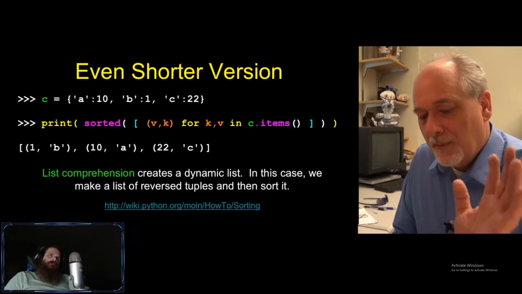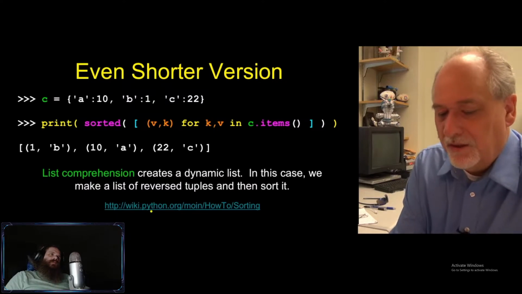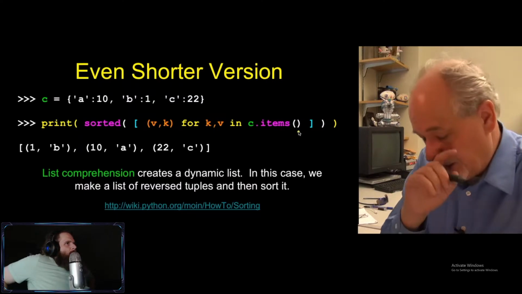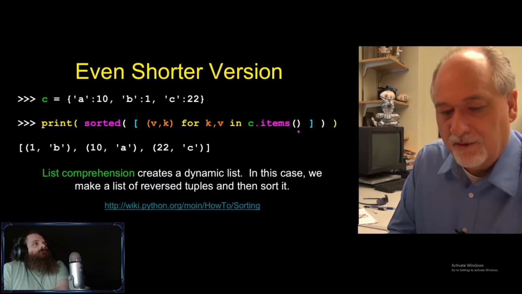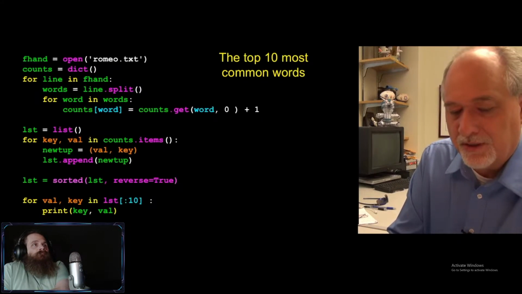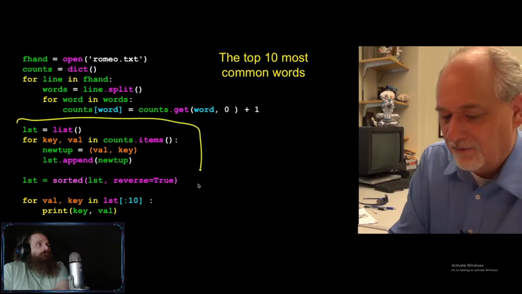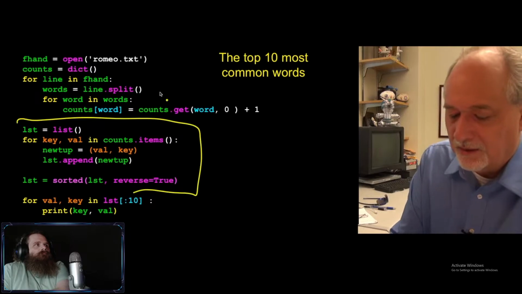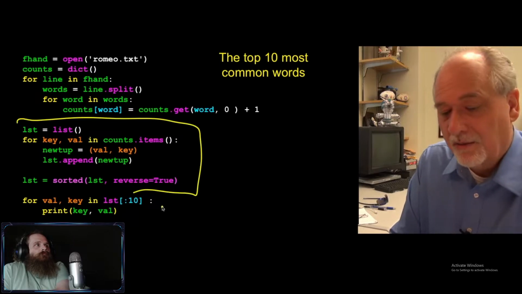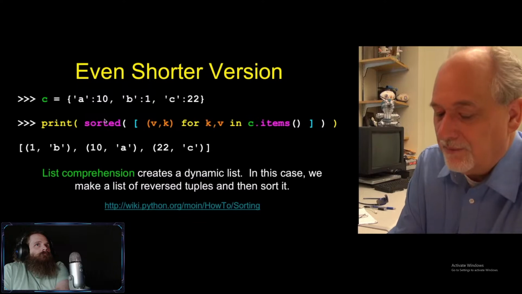But roughly, this single line does everything that the bottom half of that program does. If we go back to here, it's pretty much this line does everything in that middle bit. It doesn't create the counts and it doesn't print out the top 10, but it does everything in that middle bit.